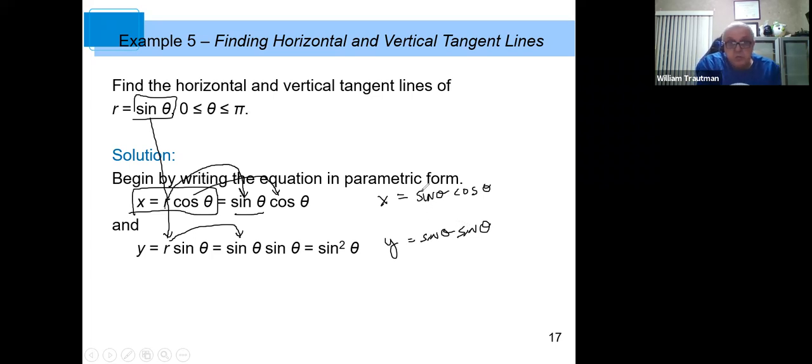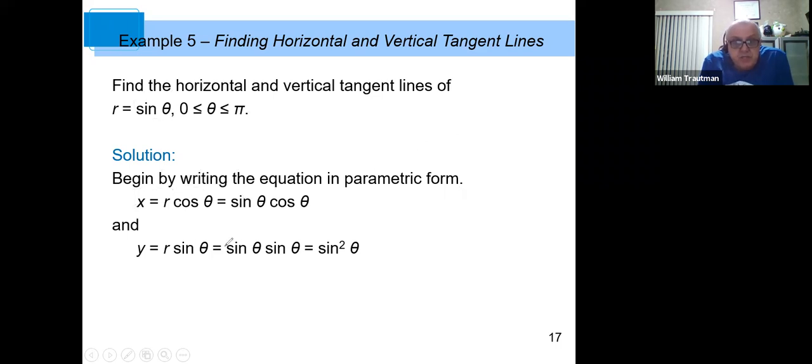And to find the horizontal tangent lines, you have to take the derivative of this, and you have to use the product rule, right? Okay, so let's use the product rule. You can call this U and this V, or F and G, or however you want to do it. Is it U V prime plus V prime U? U is sine theta.